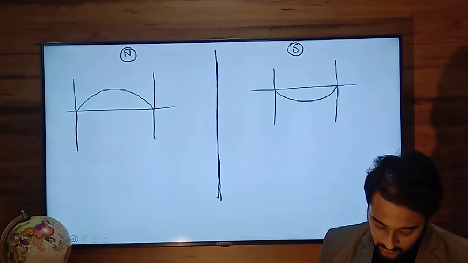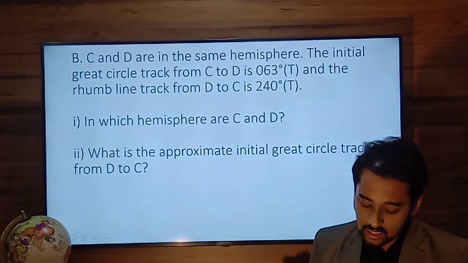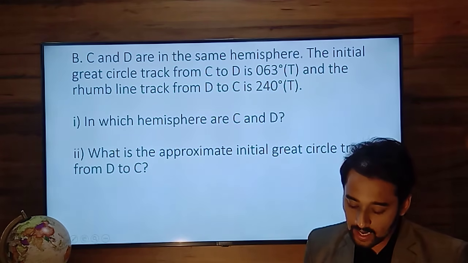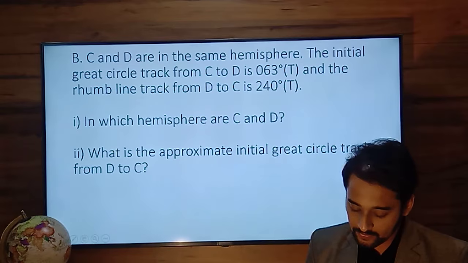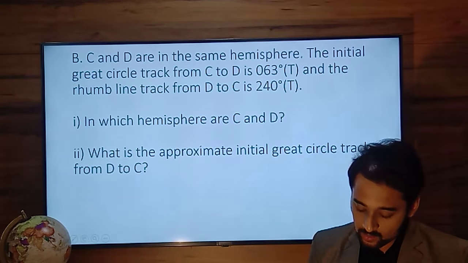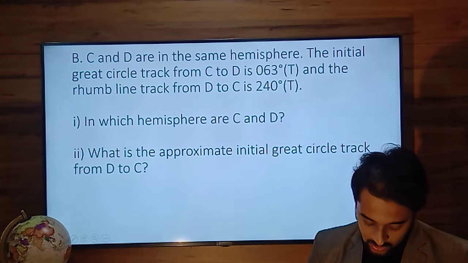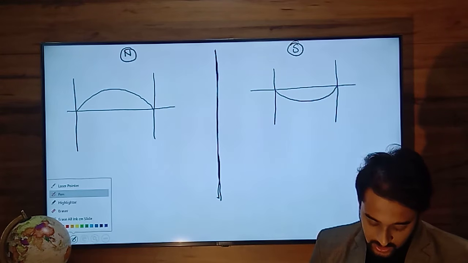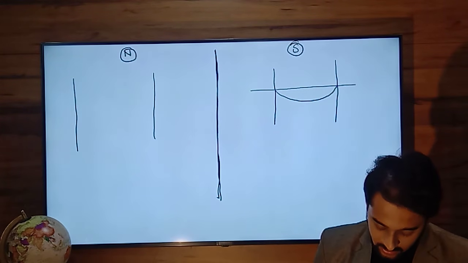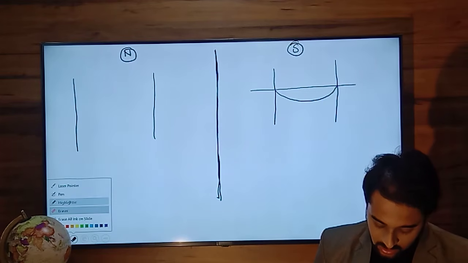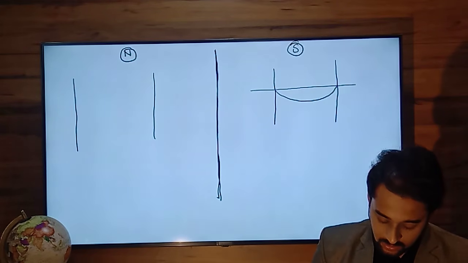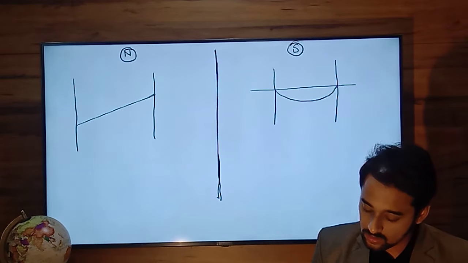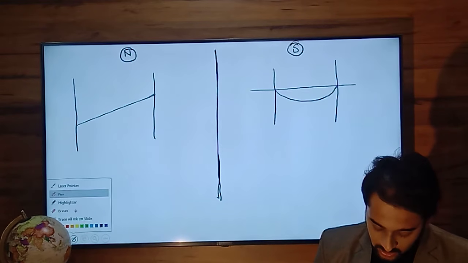Now C and D points are given. Okay. Now D to C is 240. We'll just make a little bit of correction here.